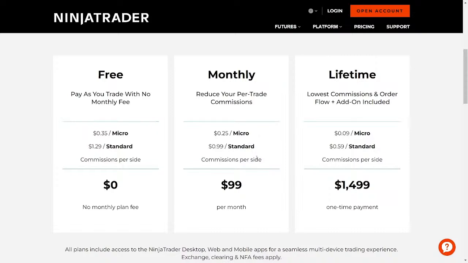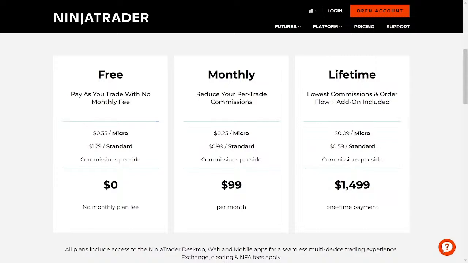And when it says commissions per side, that means if you buy a contract, that's one side. When you go to sell that contract, that's another side. So here they're showing you the starting fees. Not every one of the different types of instruments that you trade will have the exact same fees per side. This is usually just a starting rate that they use as their base rate.